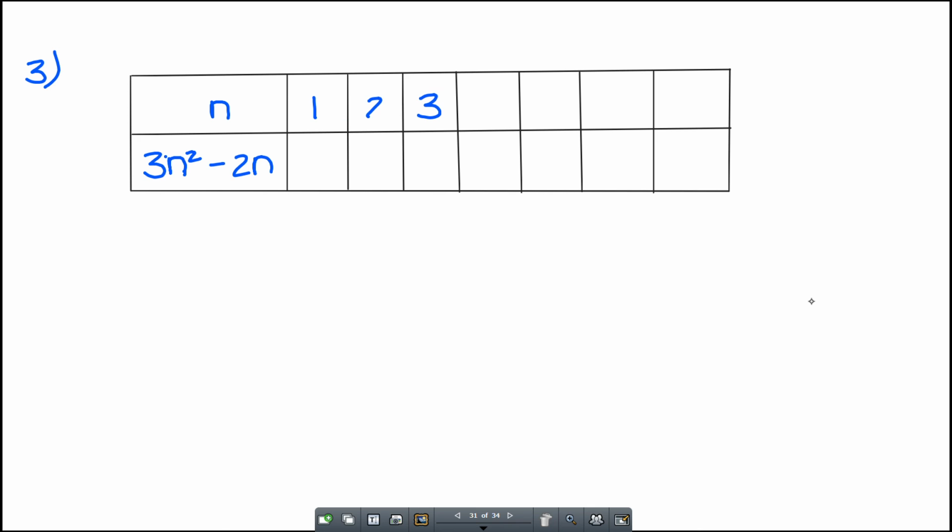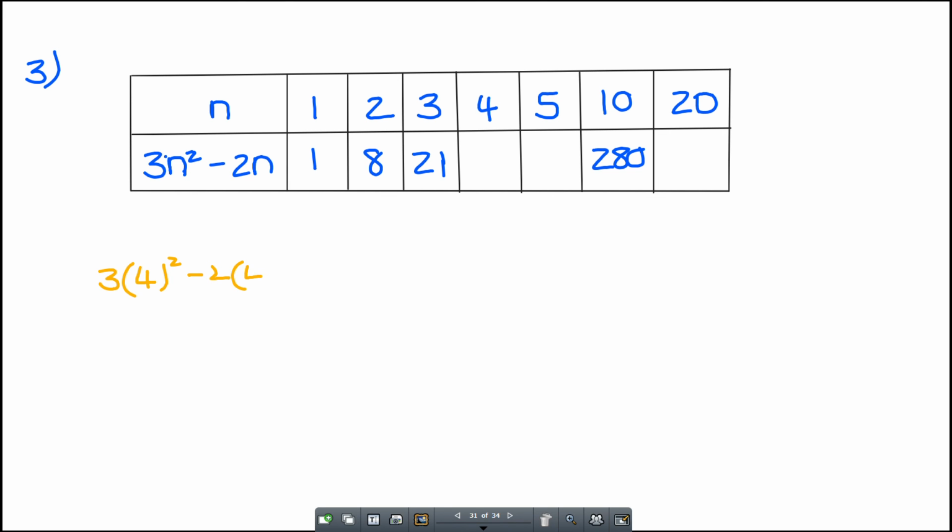All right, so to get term 4, I would say 3 times 4 to the power of 2, minus 2 times 4.